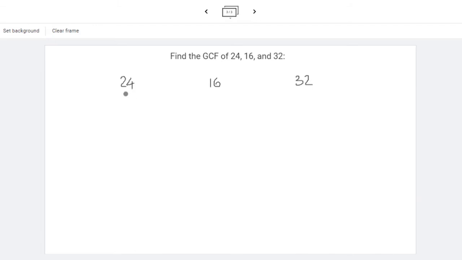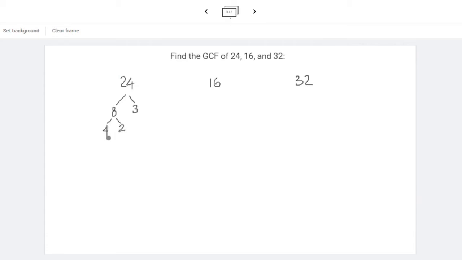Okay, so we're going to start simplifying these until we can't simplify them further. So for 24, this time we're going to do 8 and 3. We can simplify 8 further by multiplying 4 and 2.